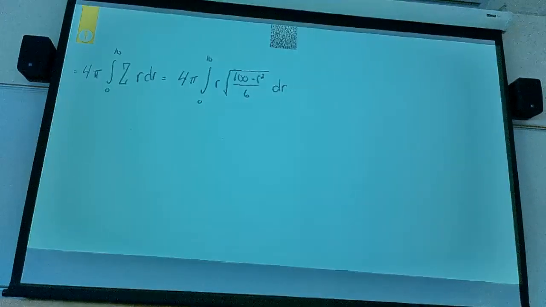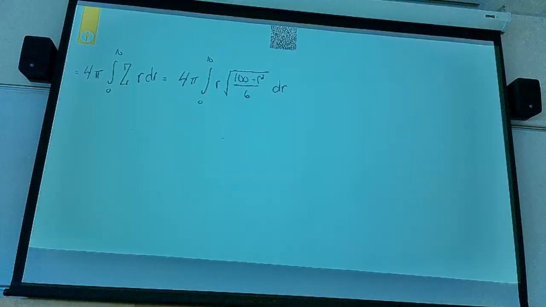Divide by 2, not multiply by 2. Obviously, your u is going to be what's under the square root. Derivative of that is negative 2r.